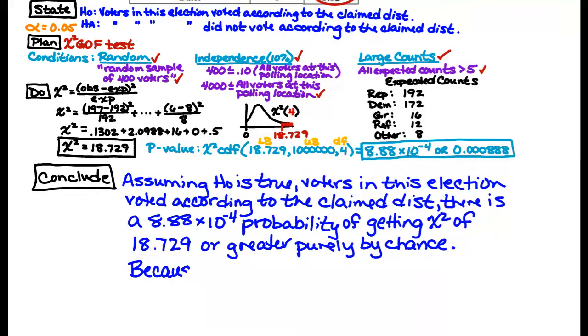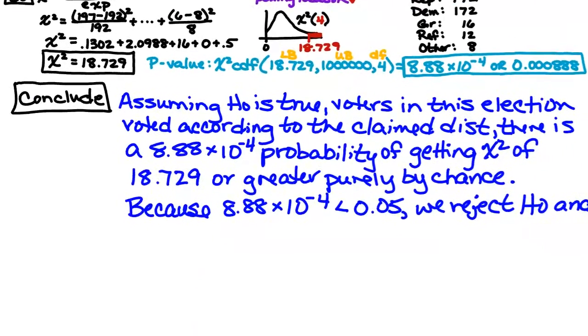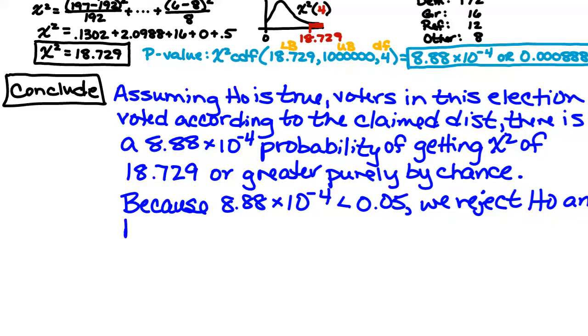Because 8.88 times 10 to the negative 4 is less than 0.05, we reject H0. And what? There we go.